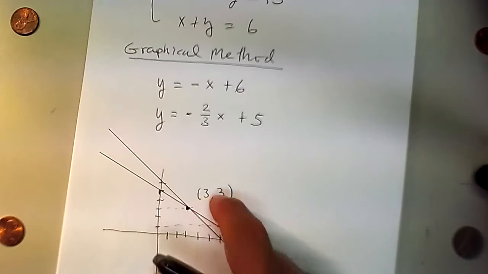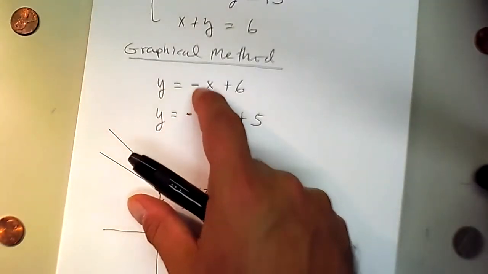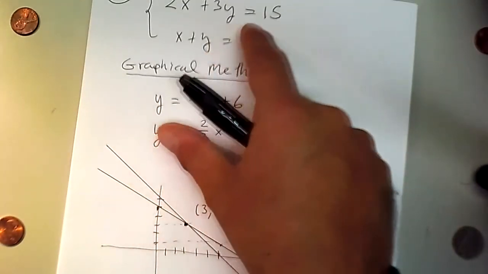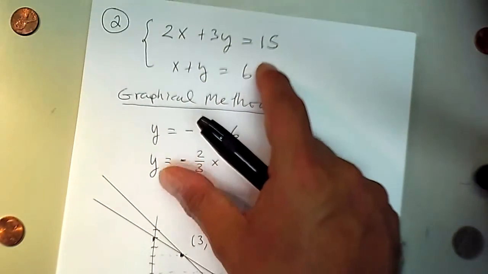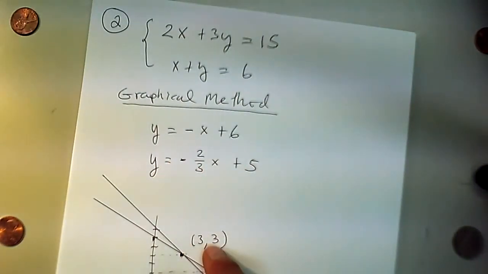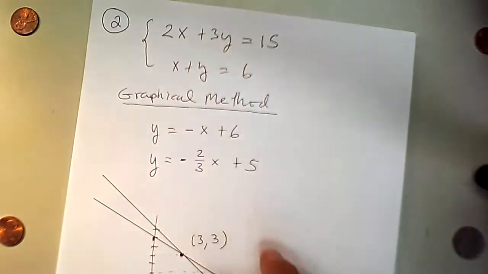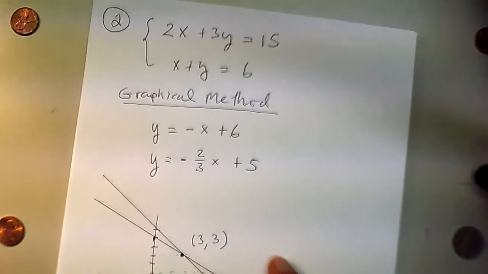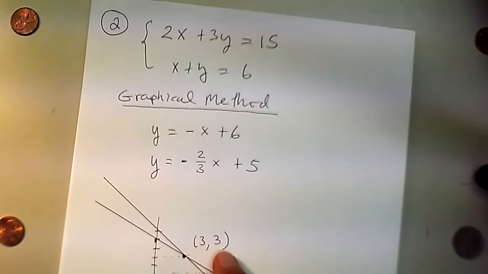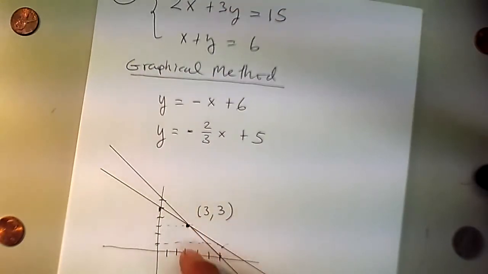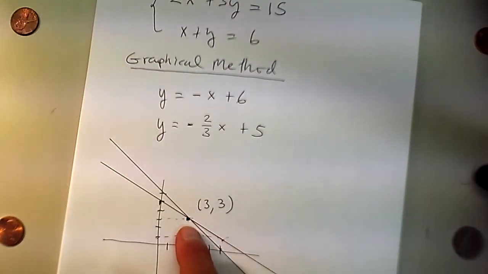Now you could say, well, you can always put it back into the original system of equations, which we should, to make sure that we have the correct answer. So we should put the numbers we think the answer are in here to make sure. But what if the numbers are not? Because this is very visual and our eyes can see only so well.